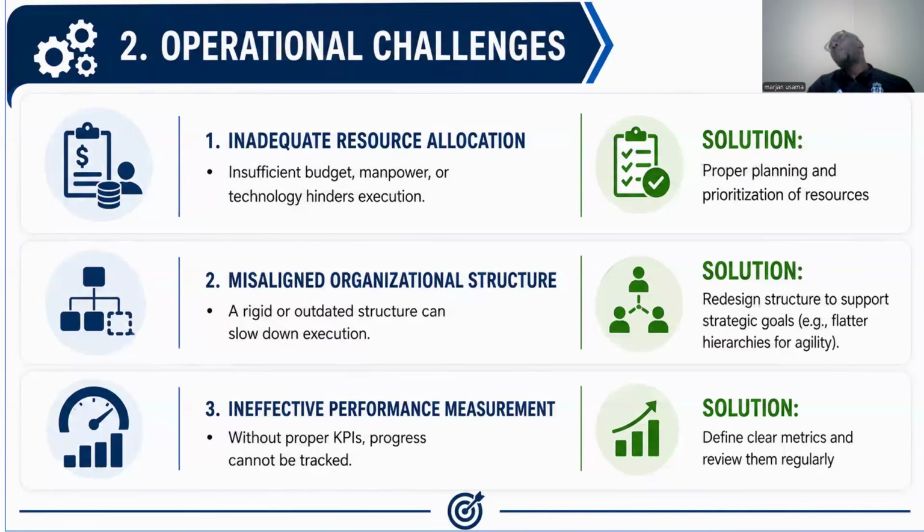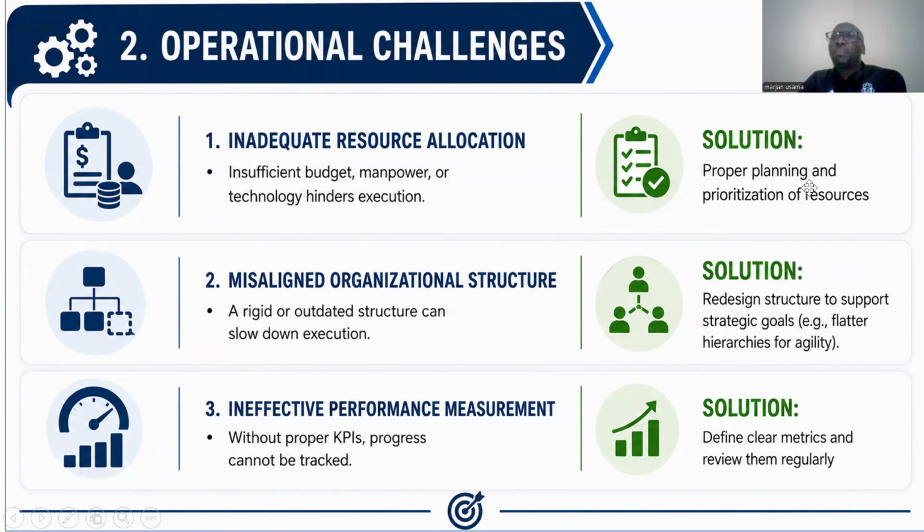Number two, operational challenges. And here we also have three sub-challenges. So number one, inadequate resource allocation. We don't have enough resources. So insufficient budget, manpower, or technology hinders execution.